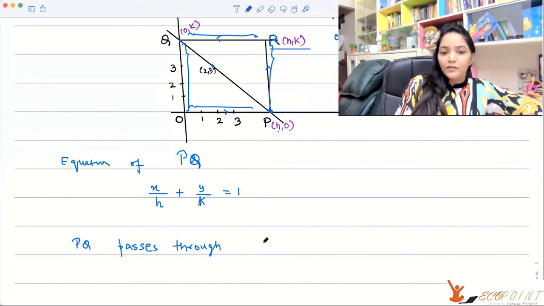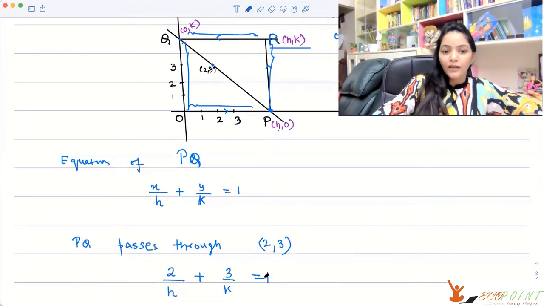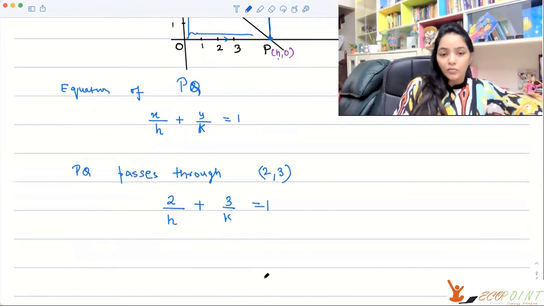Now PQ passes through 2, 3. That means X is 2, Y is 3. So you get another condition, that is 2 upon H plus 3 upon K equals 1.